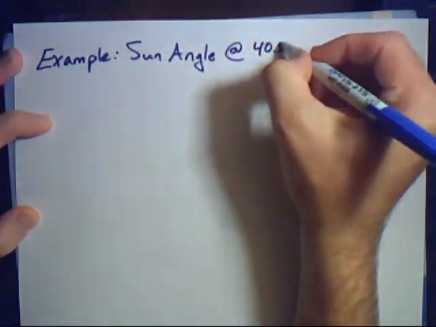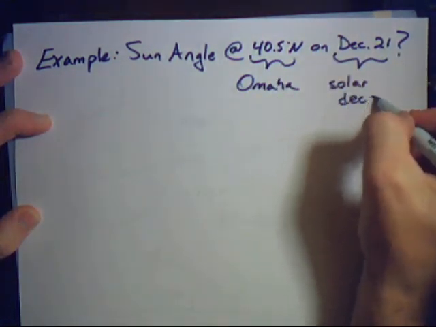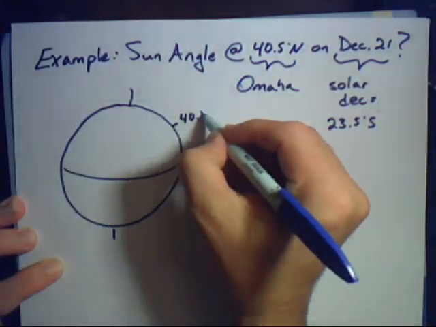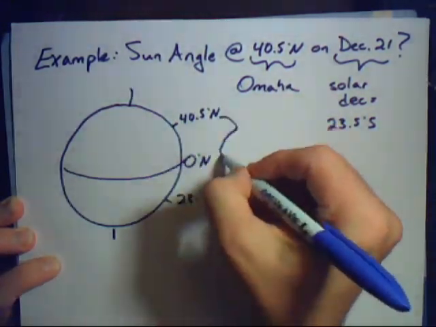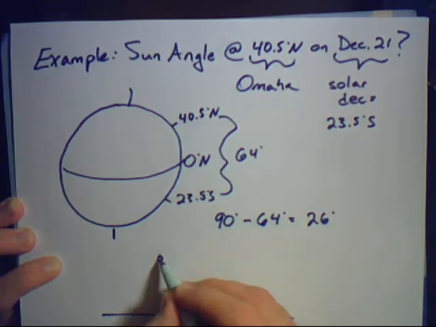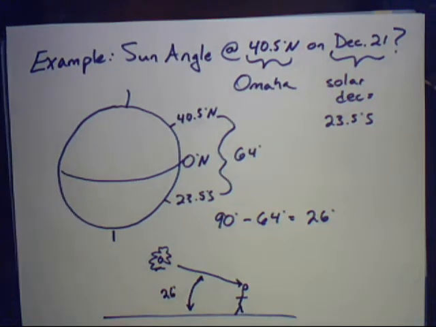So let's do a couple quick examples here. Let's compute the sun angle at 40.5 degrees north on December 21st. And I didn't just pull these numbers out of anywhere. 40.5 degrees north happens to be the latitude of Omaha, and the 21st of December happens to have a solar declination of 23.5 degrees south. It's the winter solstice.